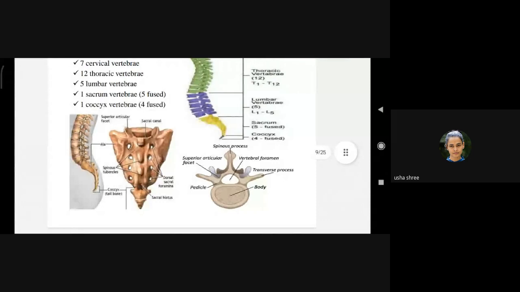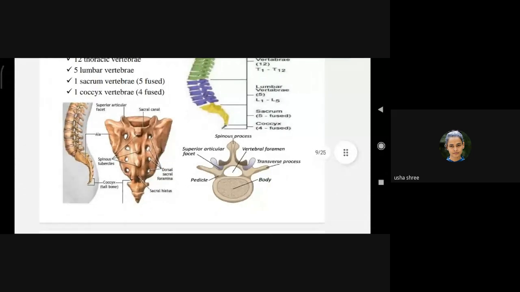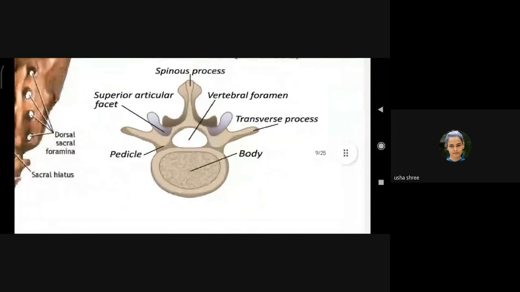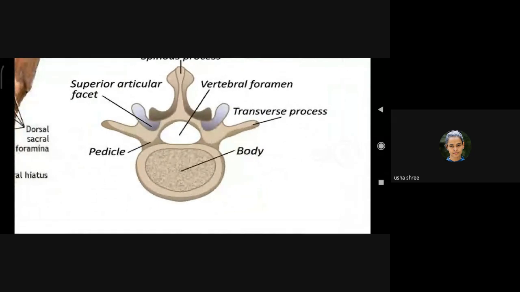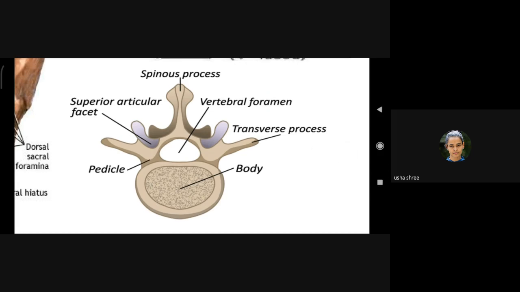So you can see here the structure of a single vertebra. It is a top view of a single vertebra. It contains a body in the frontal part, and it has two pedicles, two transverse processes, two superior articular facets, and a spinous process.